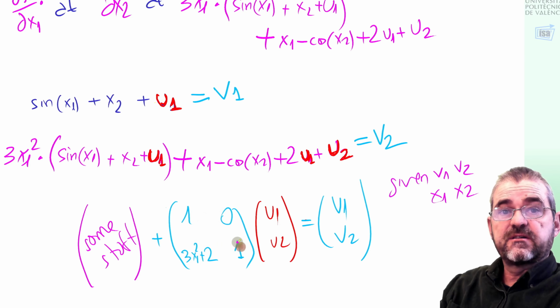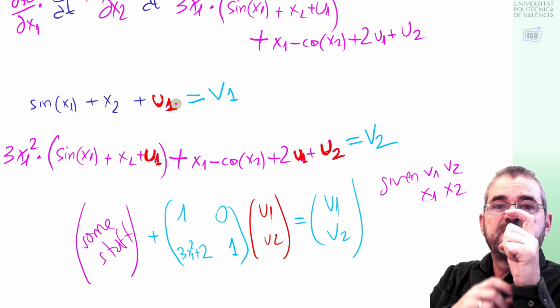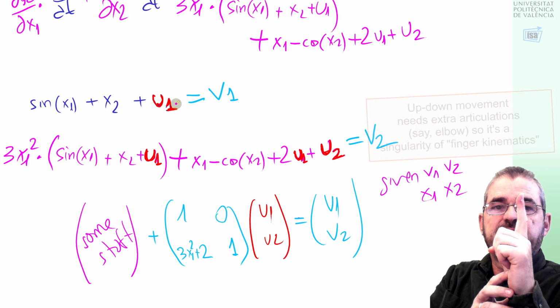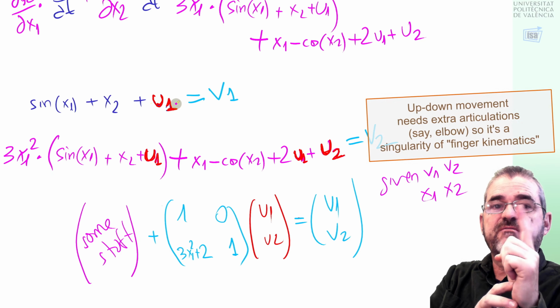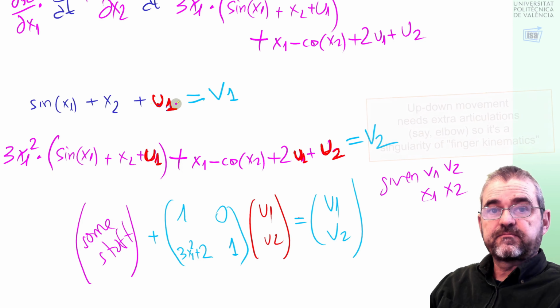And in here, for instance, we have no singularity, but in a robotic application in which I wish to move my finger, then now I can move it up, down, left, right. But if I fully extend my finger, then I can move left, right, but up, down movement is impossible. So that's a singularity.